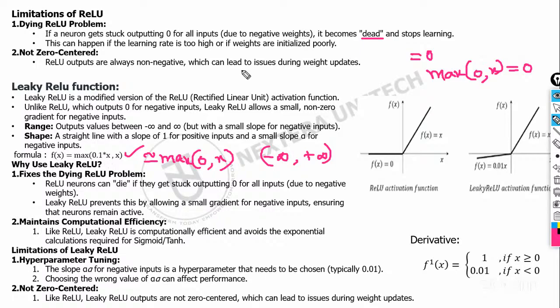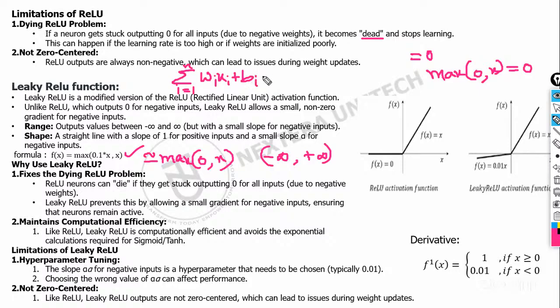The main reason is we are adding bias. In the weighted sum formula, summation of i equals 1 till n, wi multiplied by xi plus bi. Even if the input is 0, weight multiplied by 0 will be 0, which is okay, but bias will have some value.